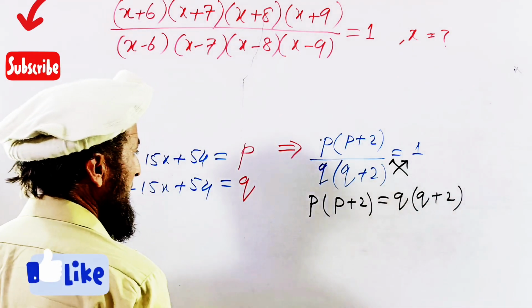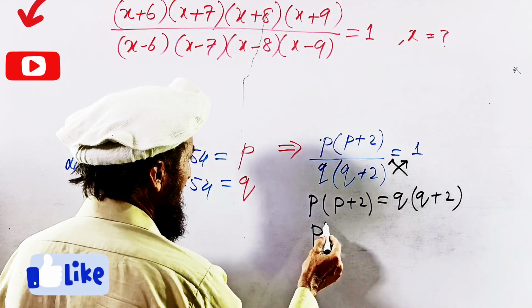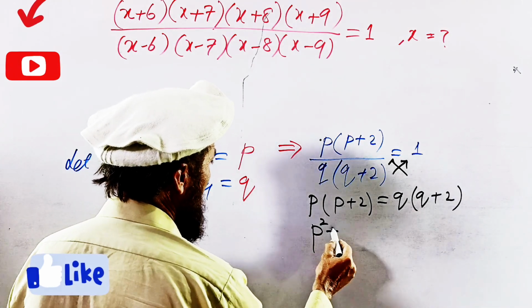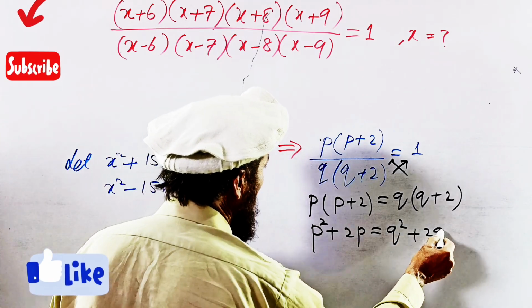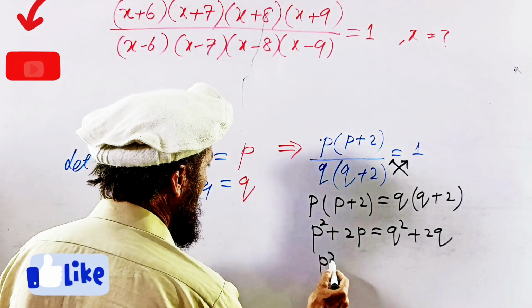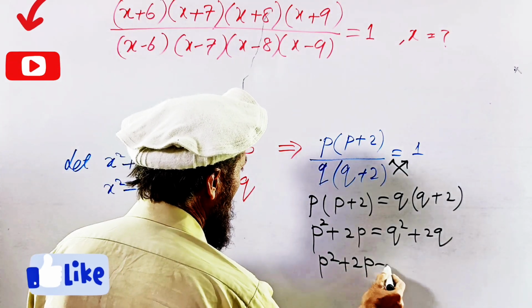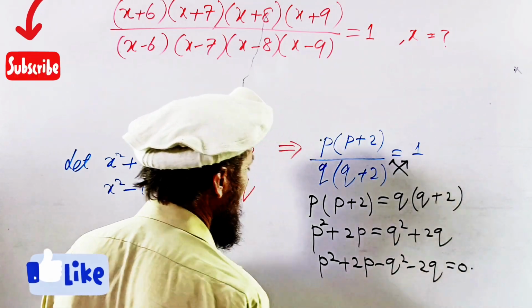Further we simplify this result. We can write p square plus 2p is equal to q square plus 2q. Now we get p square plus 2p minus q square minus 2q is equal to 0.